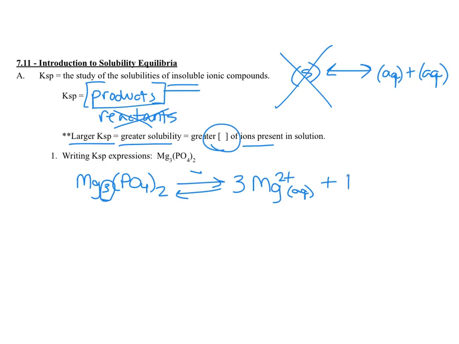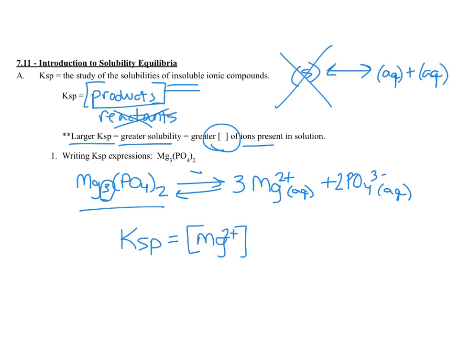And then for phosphate, there are 2 of those. Let me include that. 2 phosphate ions dissolved in water when magnesium phosphate dissolves. Most of it won't dissolve. A tiny bit of it will. So when we write that Ksp expression, it's going to be the concentration of my magnesium ion cubed. My coefficients still become the exponents, and then also times the concentration of phosphate squared.